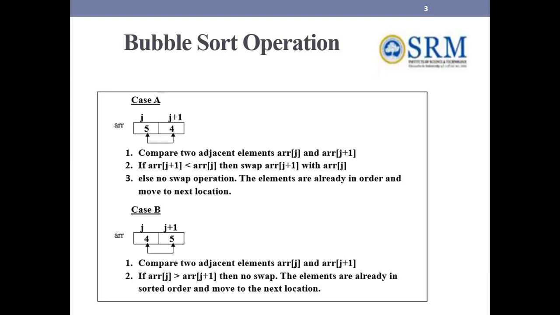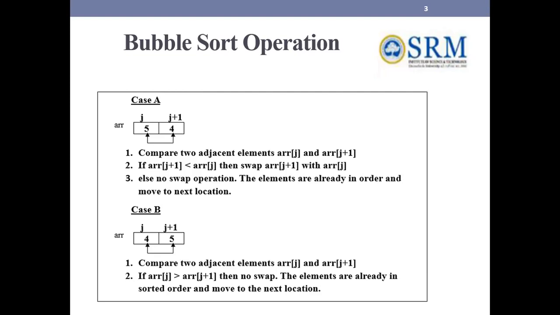That is case A. And in the second case, the elements are already in sorted order. There is 4, 5, already in sorted order. So you compare A[j] and A[j+1]. A[j+1] is greater than A[j], so the elements are already in sorted order. No need to swap. So in this algorithm, it performs two basic operations: comparison and swapping.